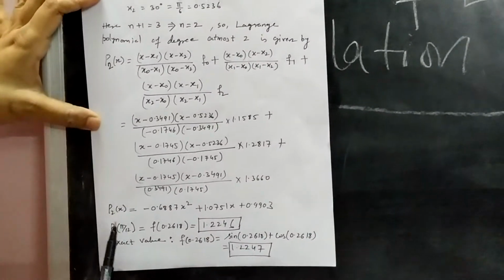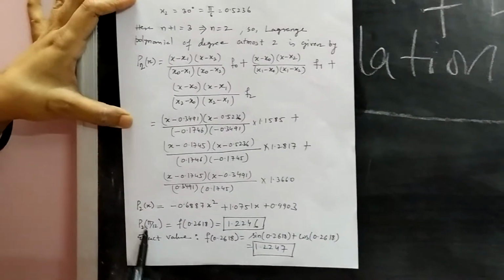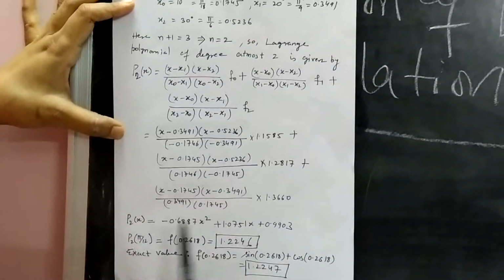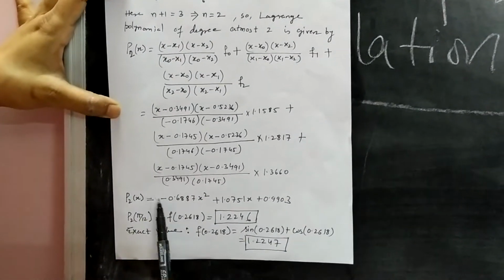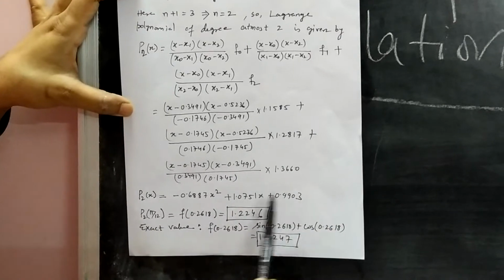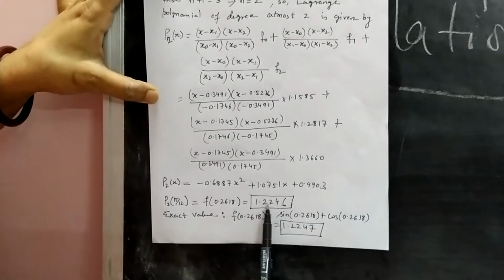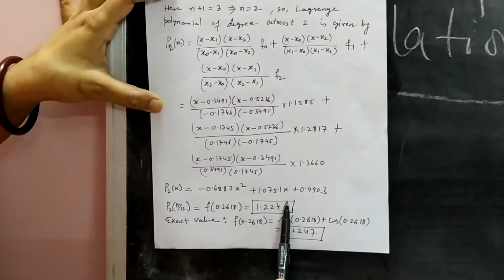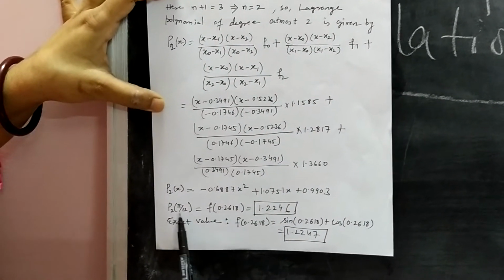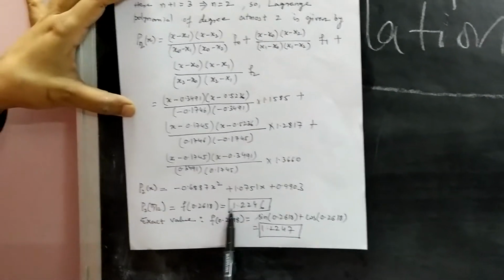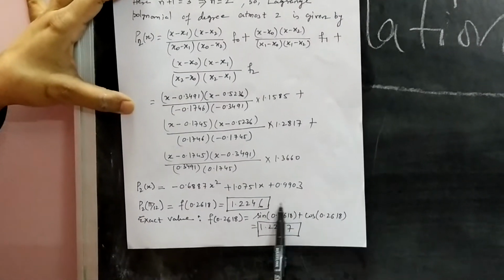And from this we need to find the value at x equal to pi by 12, because this was being asked. Substituting x equal to pi by 12 on both sides and simplifying, we get something like this. The value obtained is 1.2246, and this corresponds to pi by 12 substituted as 0.2618.